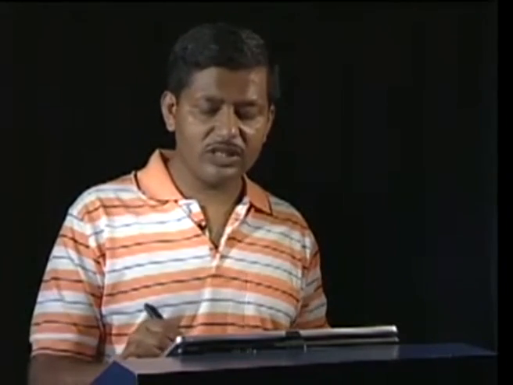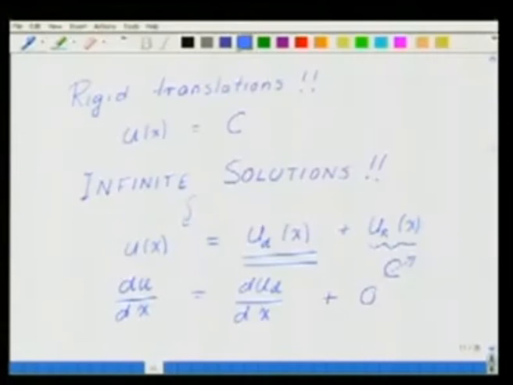So if its presence does not change the strain information, then I can fix this c to be anything and get the same derivative or the strain. So we will put c equal to 0, which means that your u rigid is 0.